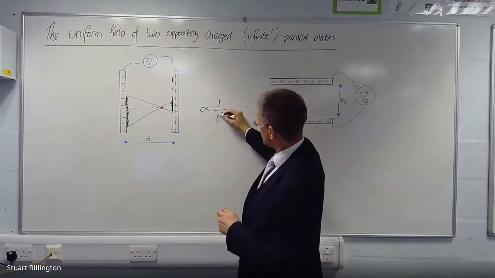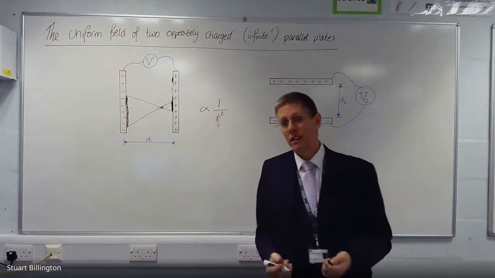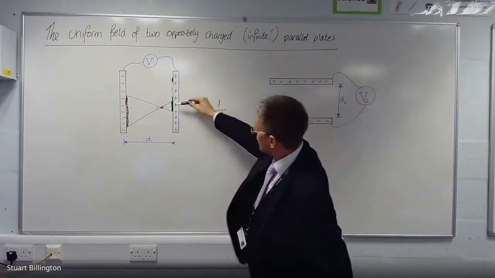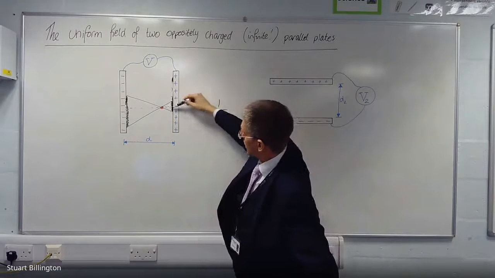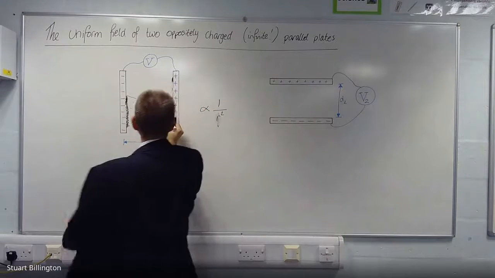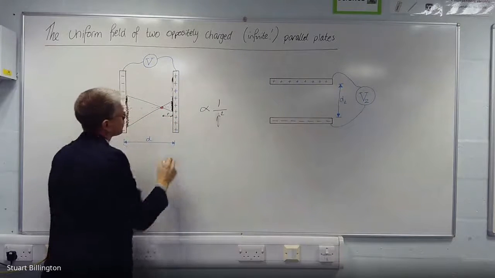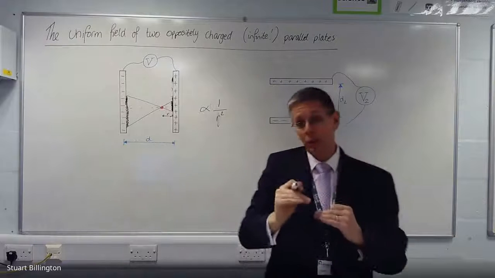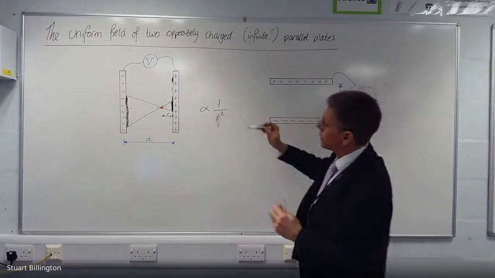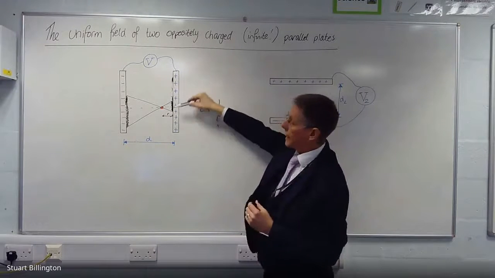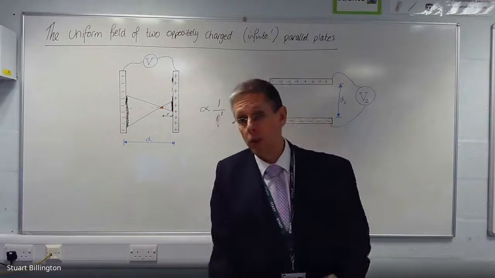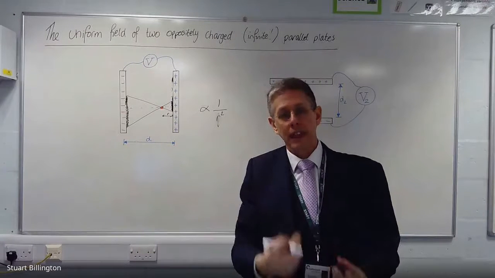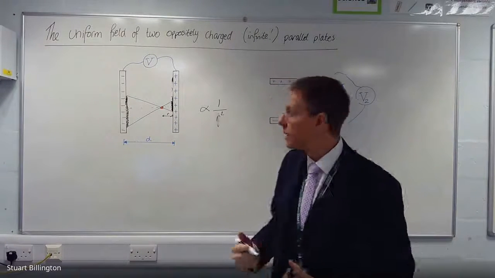So r has just gone down by a certain factor, which means that this plate is now attracting more because the electron is now closer to it.